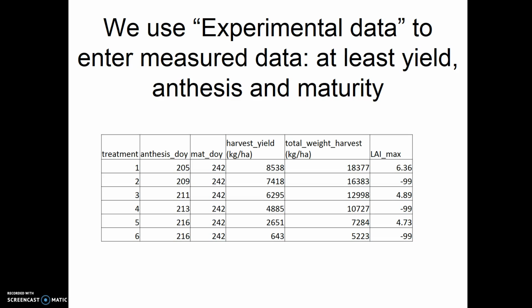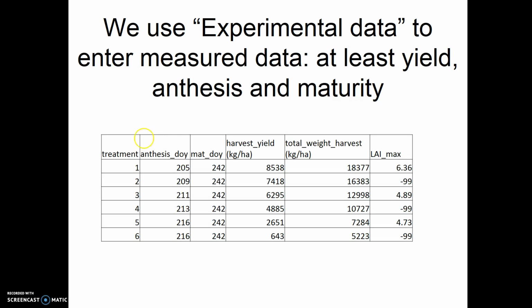To add measured data, we use the Experimental Data tool in DSSAT 46. Typically we would need anthesis and maturity data if we want to calibrate the development coefficients, and at least measured yield to calibrate the growth coefficients.